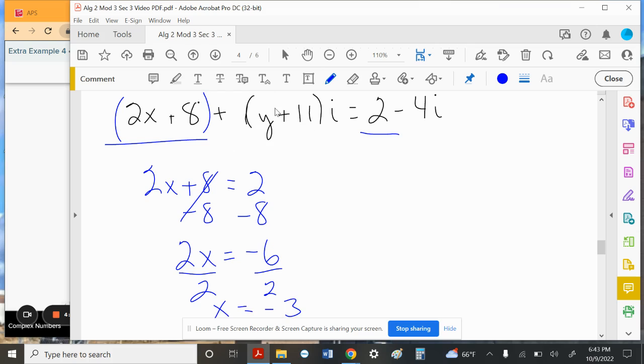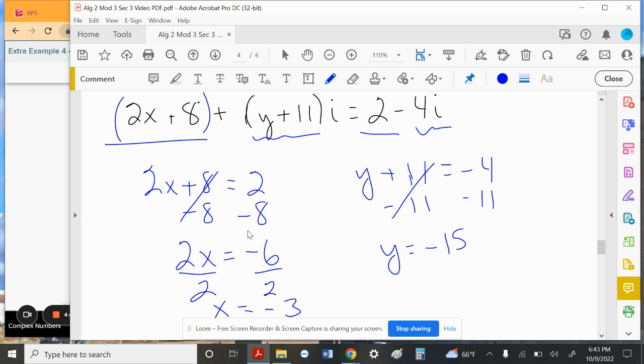On the imaginary part, we can see that y plus 11 is the imaginary part. That has to equal negative 4. So I subtract 11 from both sides. Y equals negative 15. So we get two answers, x equals negative 3, y equals negative 15.